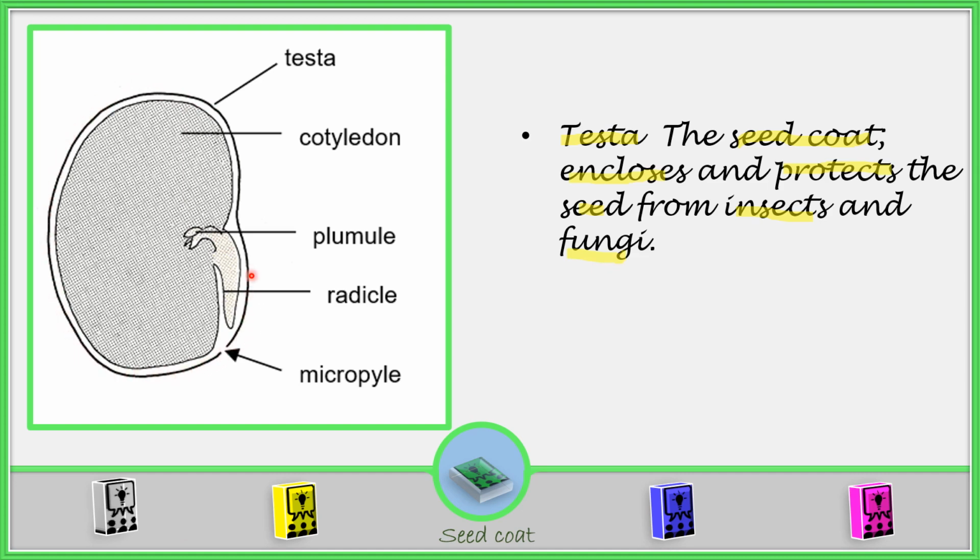This outer covering is what we call the tester, and its main function is to protect and enclose the seed from insects and fungi. It is also called a seed coat.